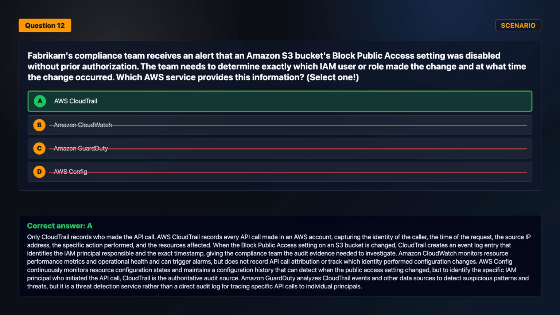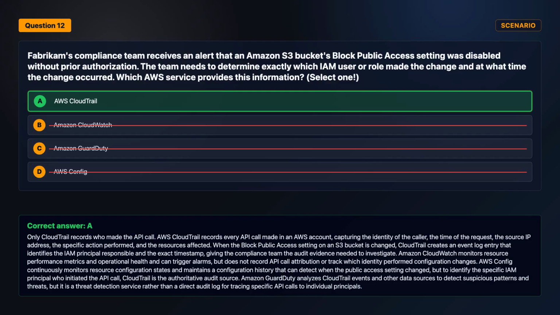Amazon CloudWatch monitors resource performance metrics and operational health and can trigger alarms, but does not record API call attribution or track which identity performed configuration changes. AWS Config continuously monitors resource configuration states and maintains a configuration history that can detect when the public access setting changed, but to identify the specific IAM principal who initiated the API call, CloudTrail is the authoritative audit source.